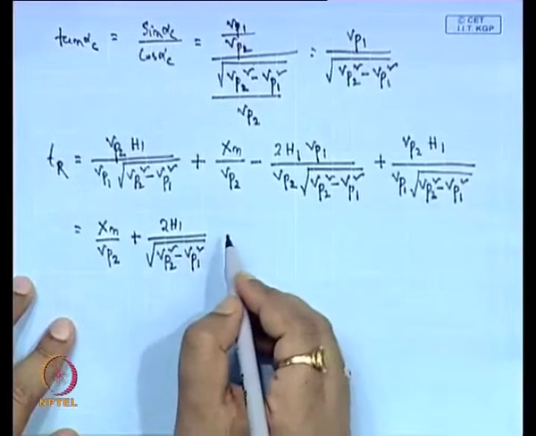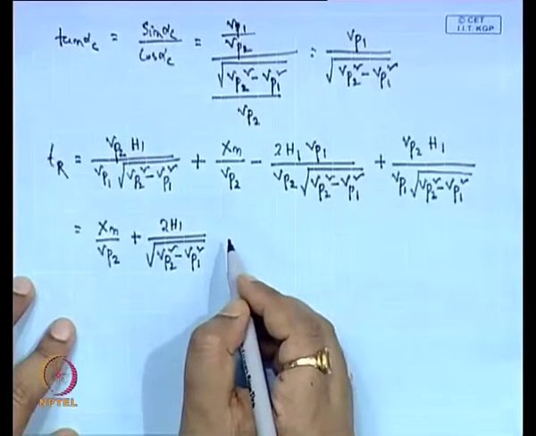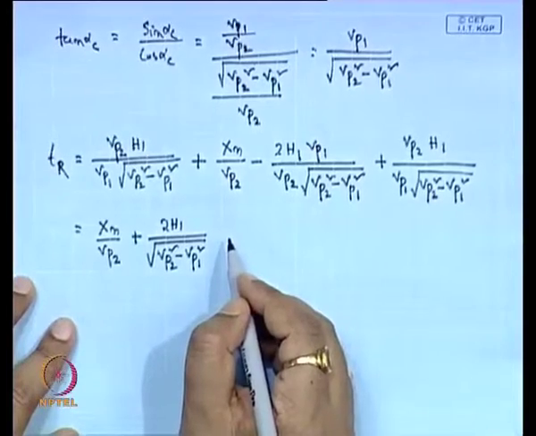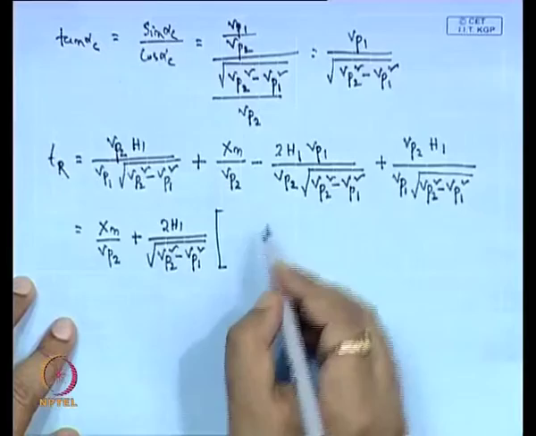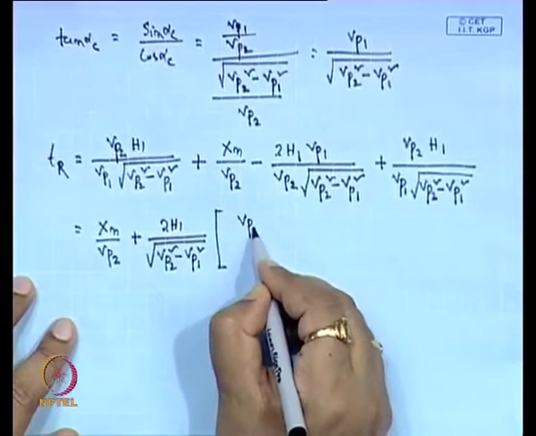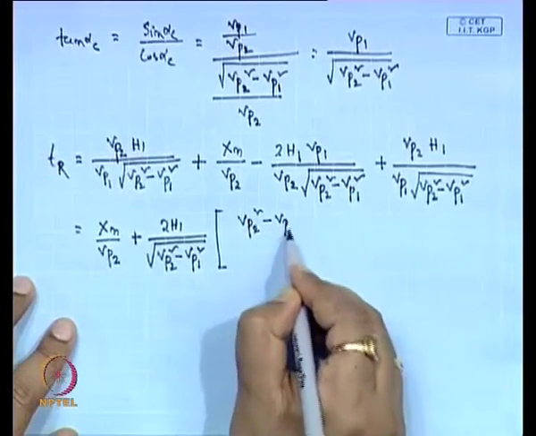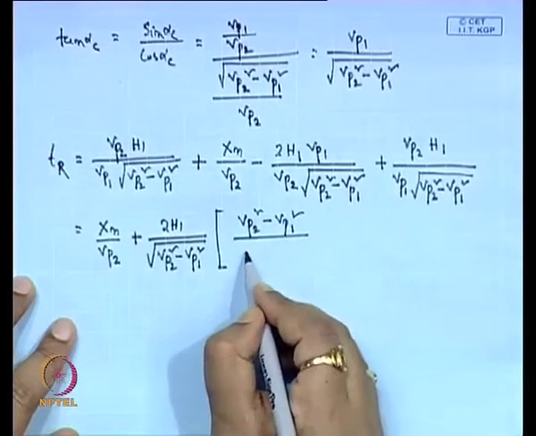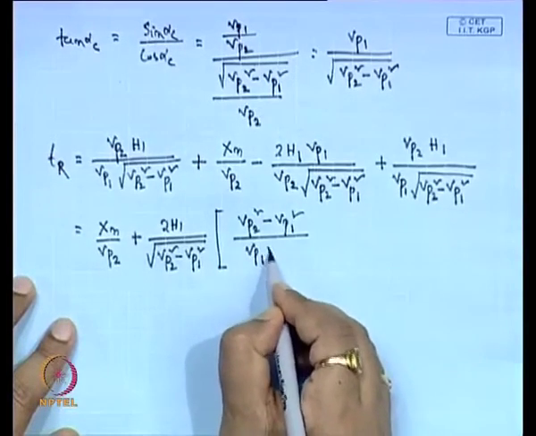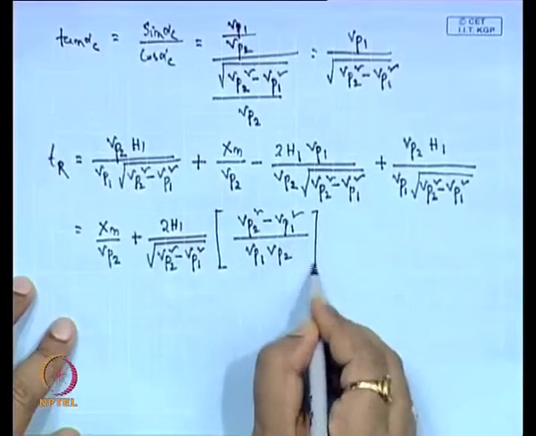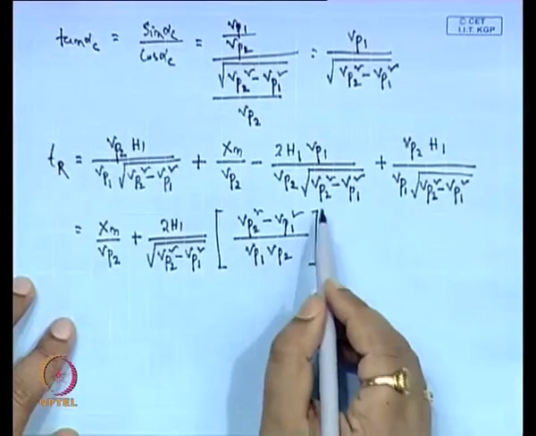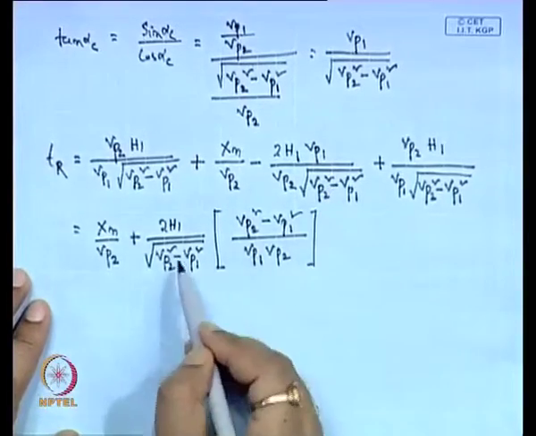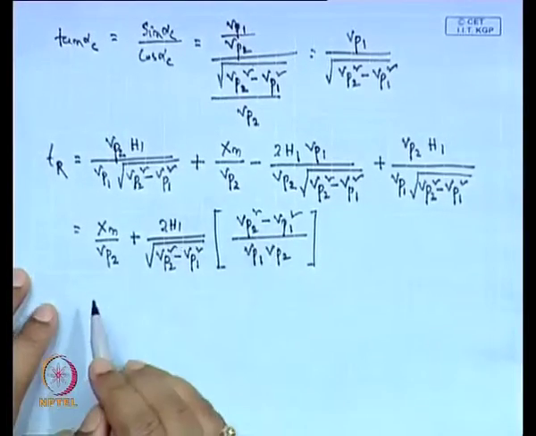If we take this thing common, then we will get V p 2 square minus V p 1 square divided by V p 1 and V p 2. So, we are taking common this V p 1, then V p 2.